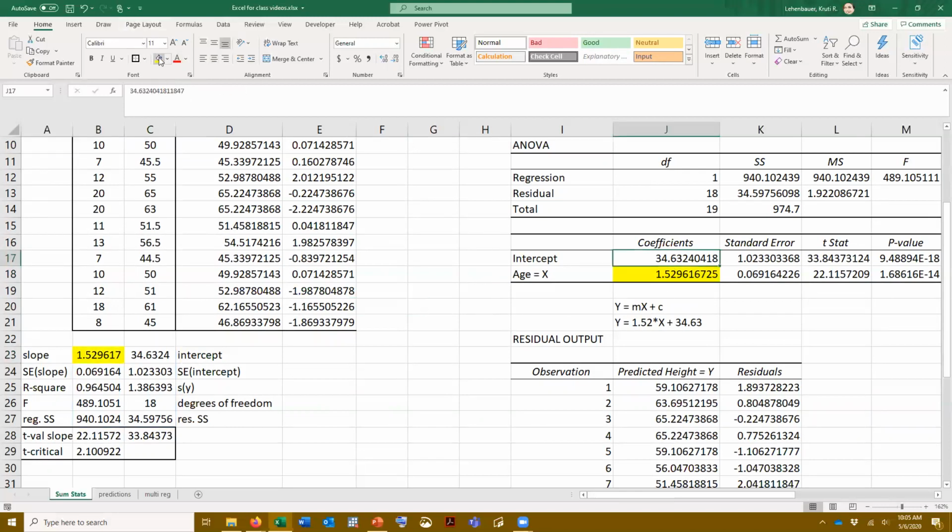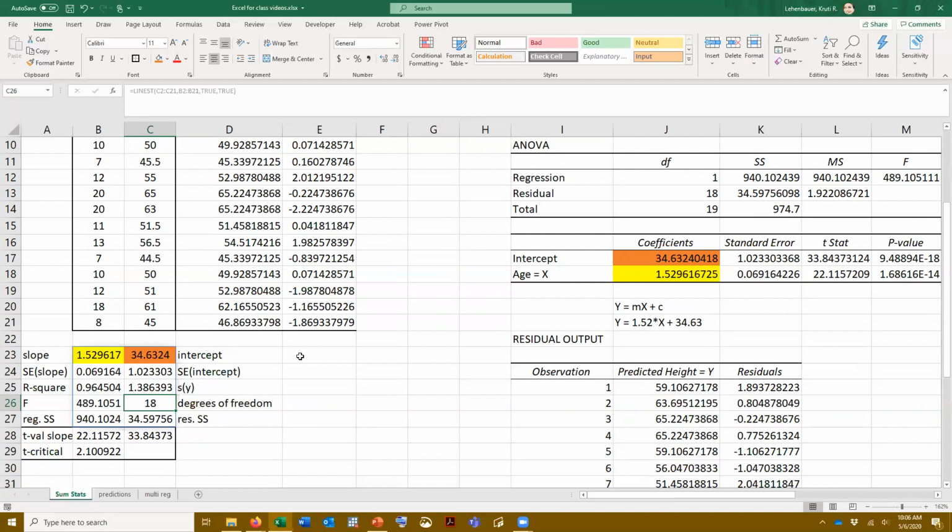This number here and this number here are the same. So basically, LINEST allows you to get these numbers directly. And when you run the LINEST function, you will see that the residual degrees of freedom here is 18, here it is 18, right? So you will see that what you get here is similar to what you're getting here.